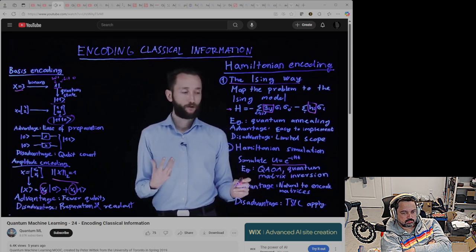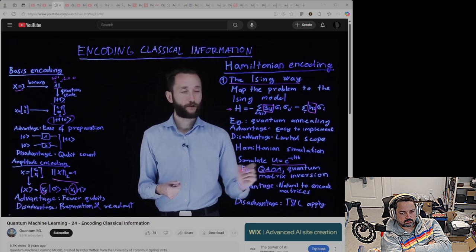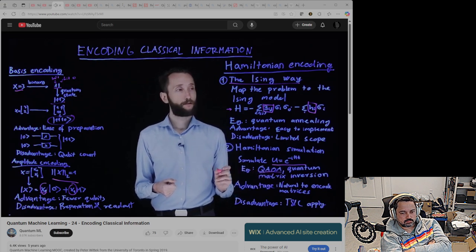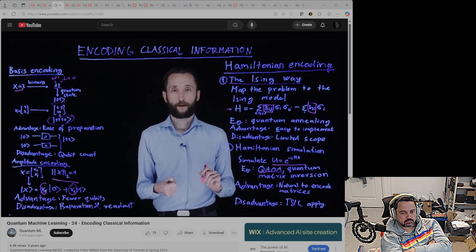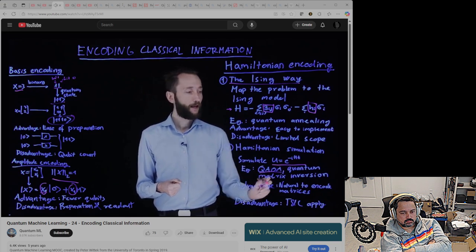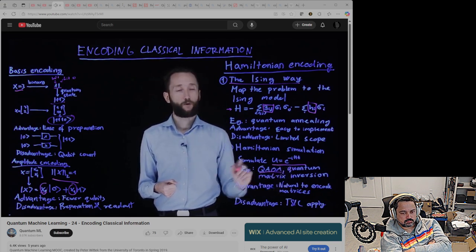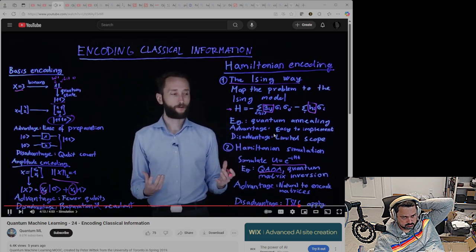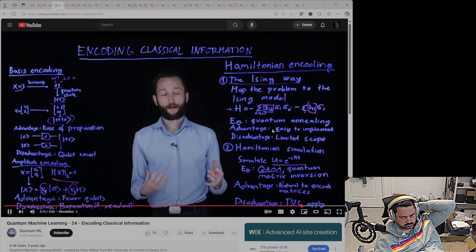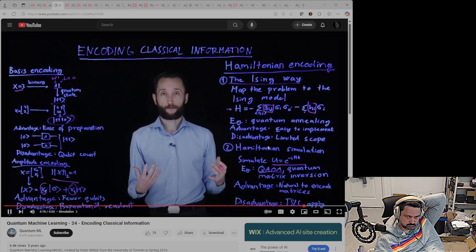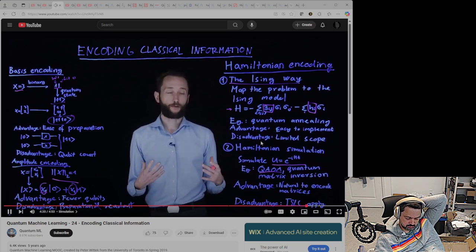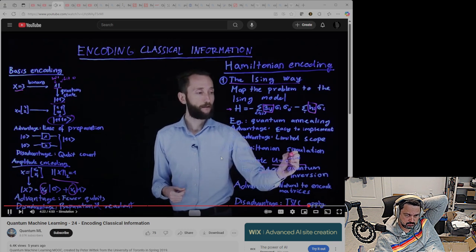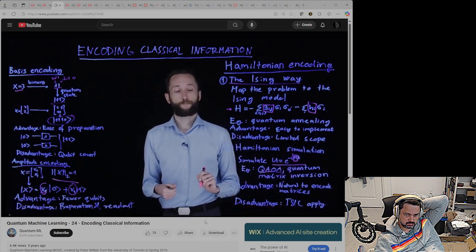An example of this is exactly what the QAOA optimization algorithm does when it approximates the adiabatic pathway. And a very important subroutine in many idealized quantum machine learning algorithms is quantum matrix inversion, and it does the exact same thing. It encodes the matrix to be inverted here in the Hamiltonian.